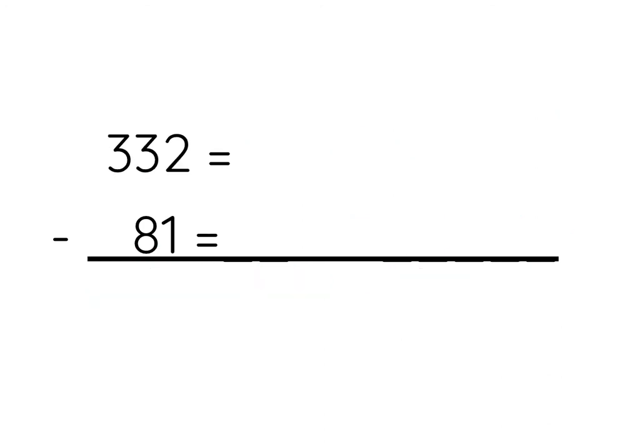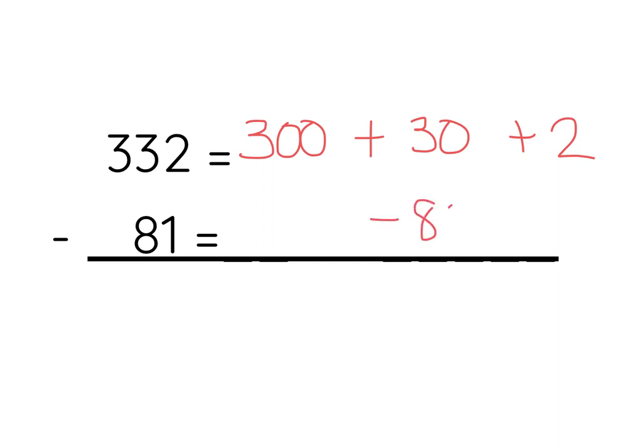All right, 332, expand it. And subtract 80 and subtract 1. Notice my bigger digit is on the top there, but over here, the bigger digit's on the bottom. So my 2, I can just subtract my 1.